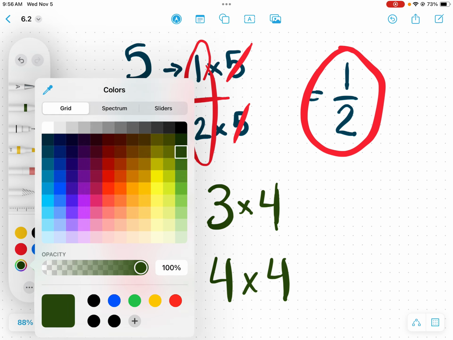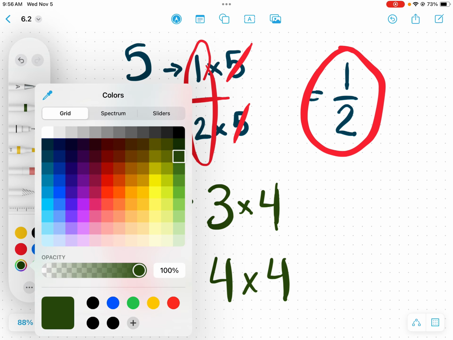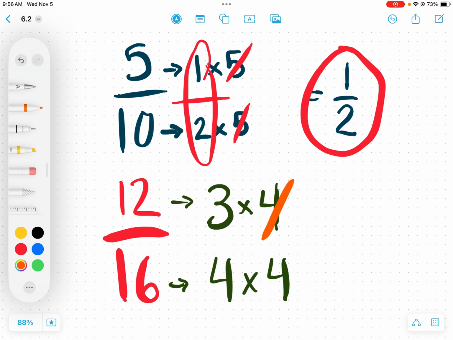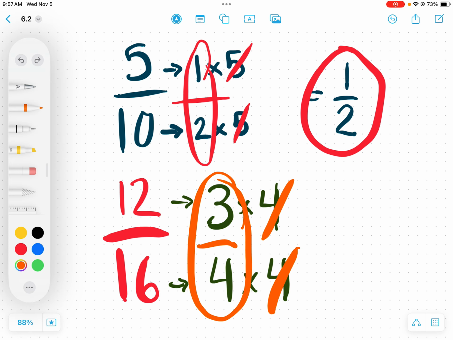Notice that they both have a 4 in common, so I can get rid of one of the 4s because they have it in common. The reduced or simplified form of 12/16 would be 3/4, because that's what I have left.